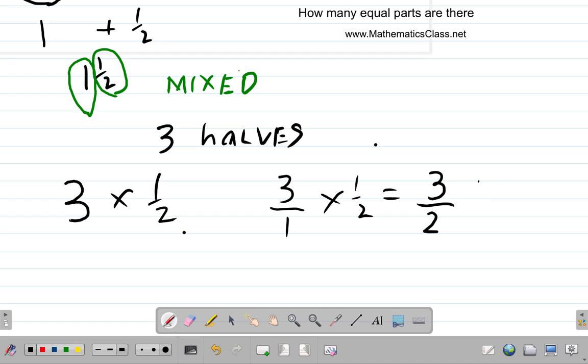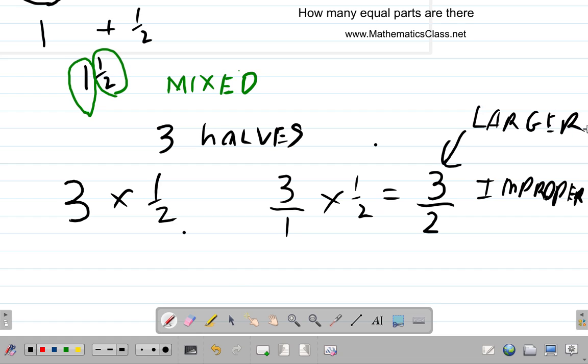This fraction is improper. This is an improper fraction because the numerator is larger than the denominator. So here, what we have is an improper fraction.